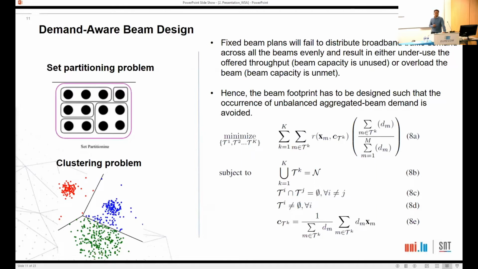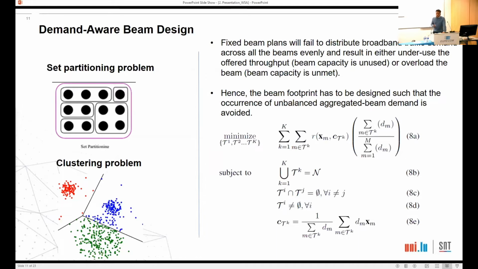We are minimizing the weighted Euclidean distance, where R gives the distance between user M and the center of a cluster, C of tau k, and the second part of this equation, under brackets, is the weights which we add so that we can also consider the user demands in our problem.